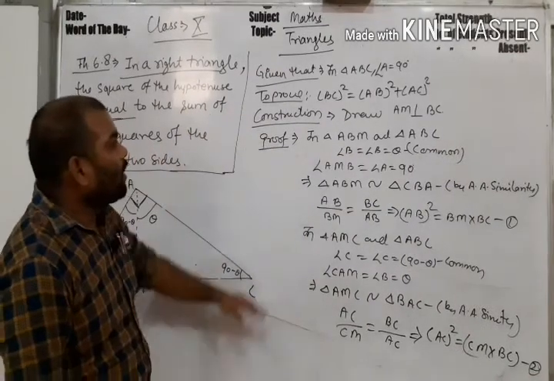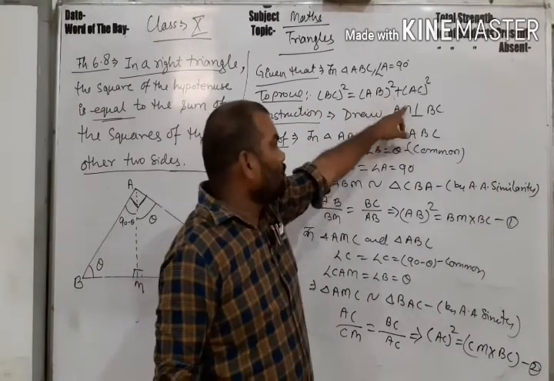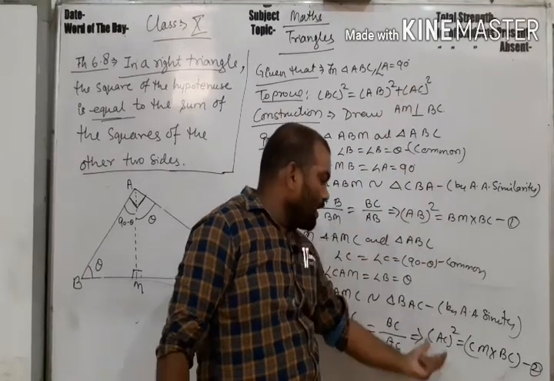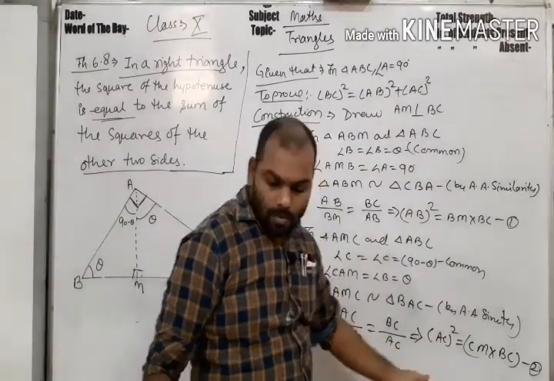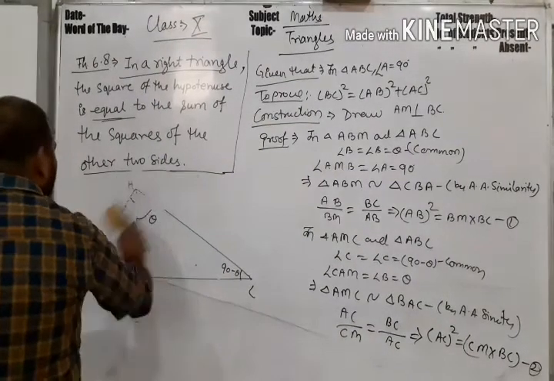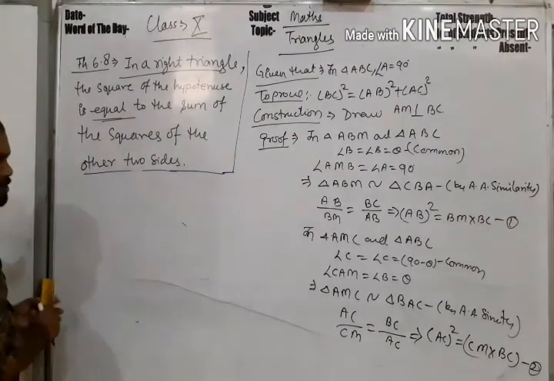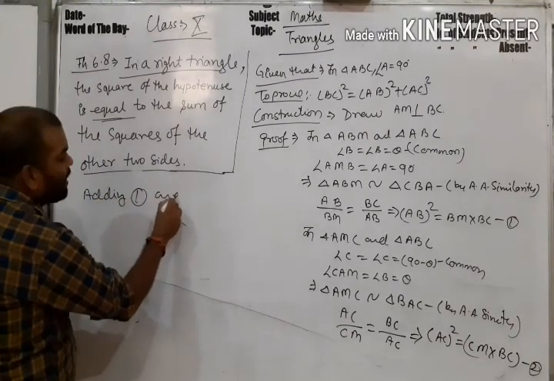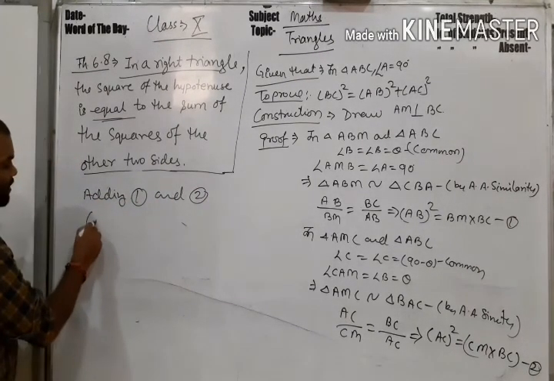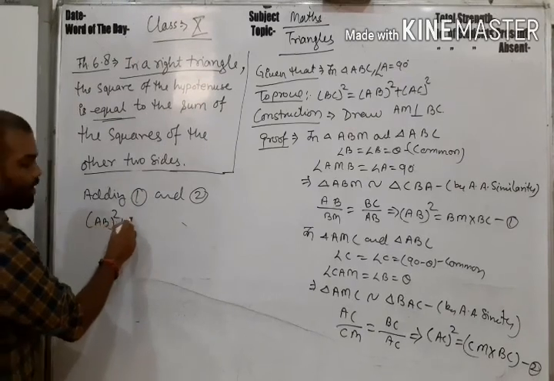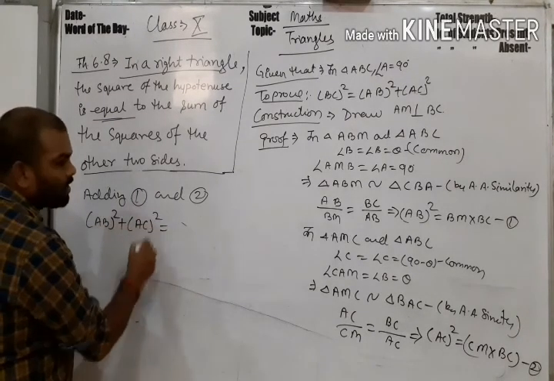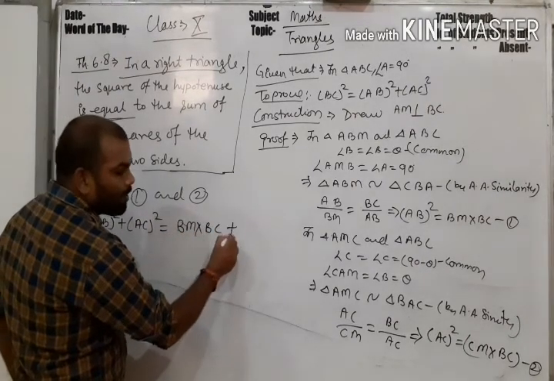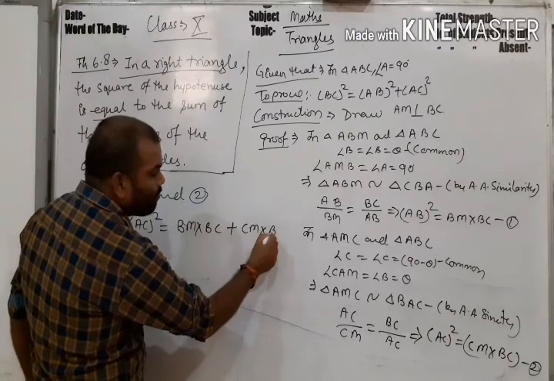Okay, now what we need is the sum of the two sides, AB square and AC square, which means we have to add these two. Clear? So the next step will be adding 1 and 2. What we get? Square of AB plus square of AC is equal to BM into BC plus CM into BC.